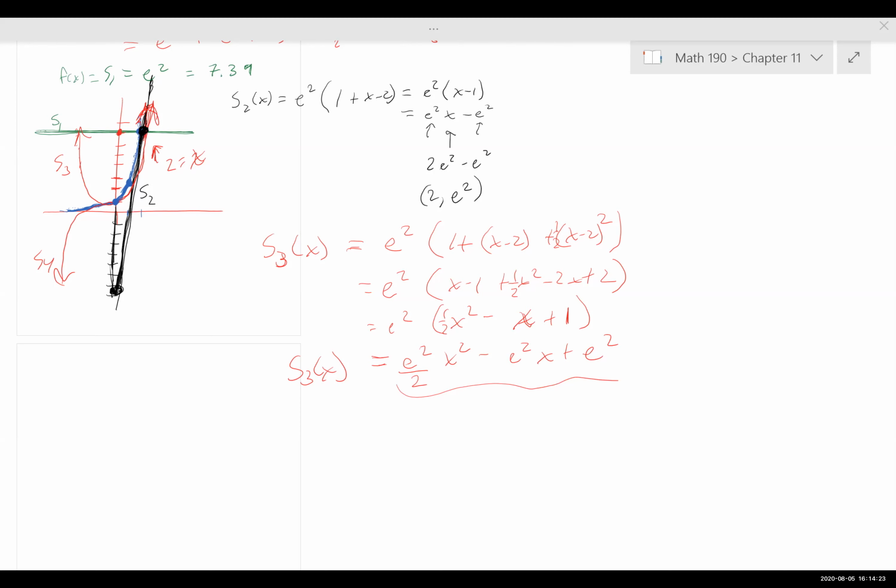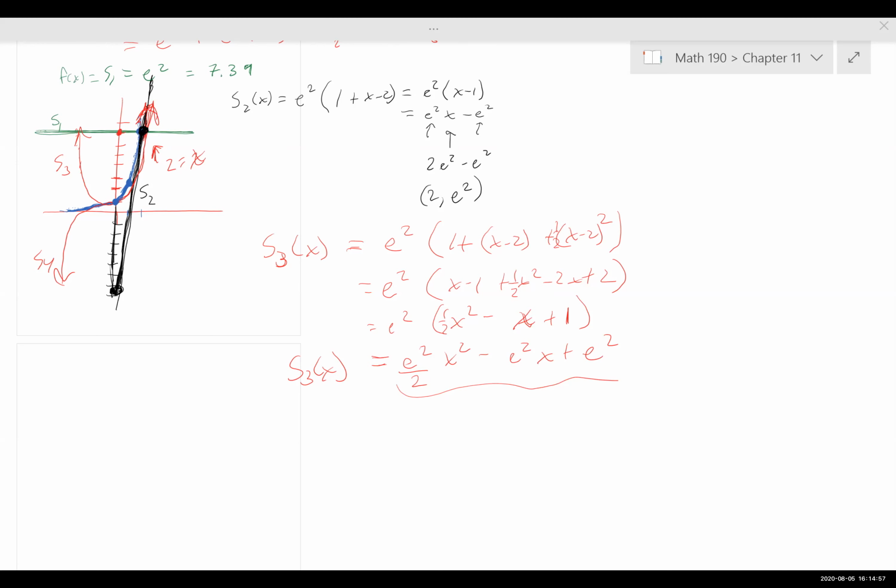So here's Desmos, and we're going to turn that on. What was the first one? The first one was we wanted y equals e to the x, or sorry, e squared.